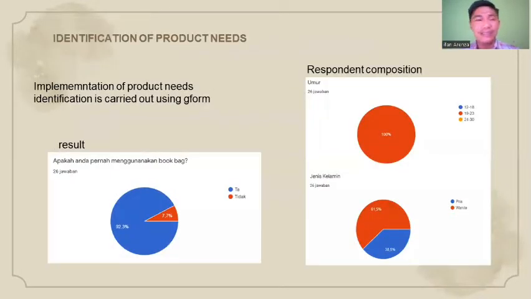And next we discuss the identification of product needs. Hello everyone, we show more data from the respondents in this result. The identification of product needs was carried out using Google Form. One result shows the data when we asked the respondents, have you ever bought a bag? Most customers chose yes, at a percentage of 92.3%.